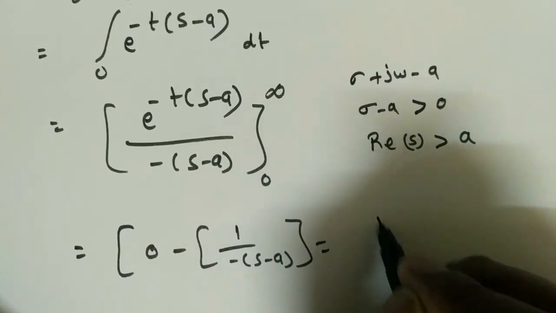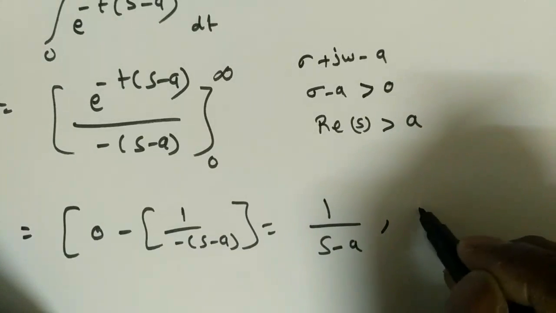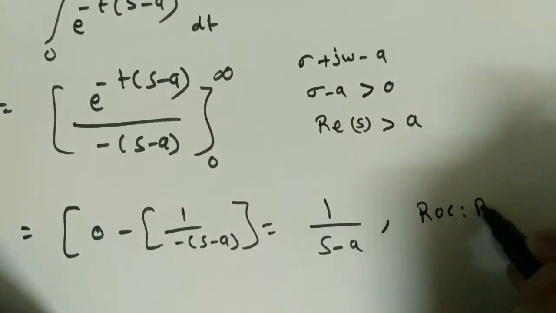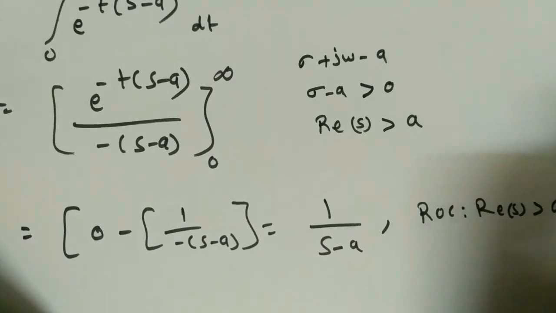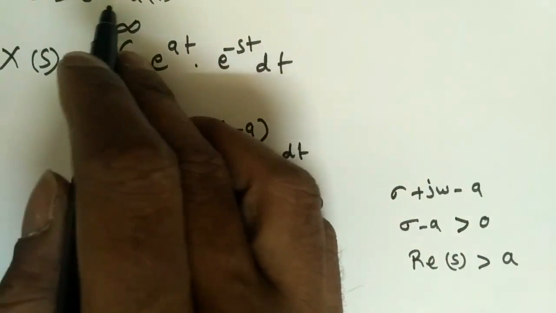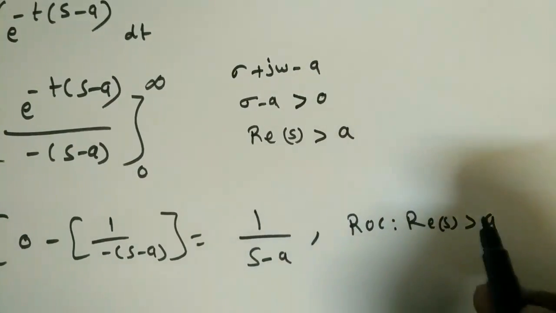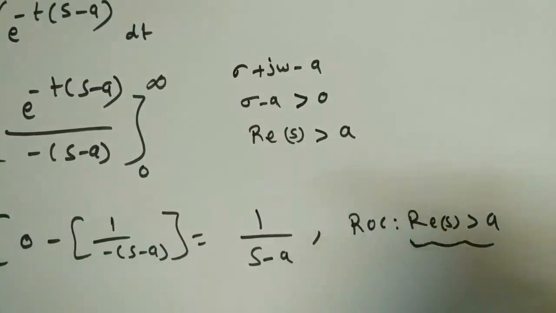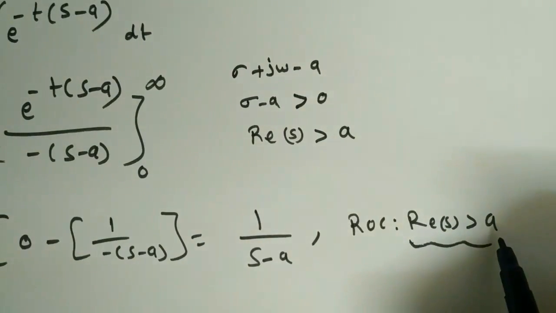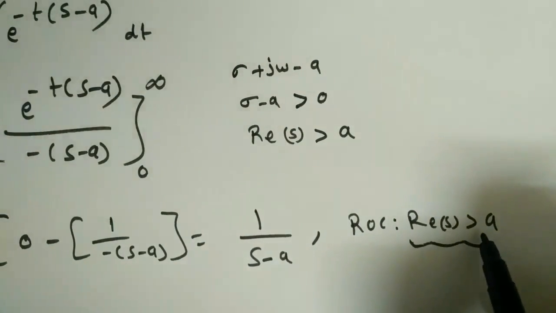So what is the overall Laplace transform? It is 1 by s minus a, where the ROC is real of s greater than a, right? That is why I told you that for unbounded signals also we can find the Laplace transform, but this transform exists only for some values of the real part, which is real of s greater than a.